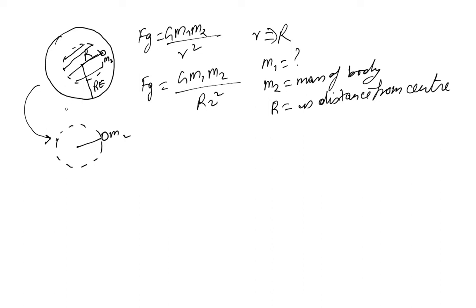But right now, the way we can understand this is that when we are going to use this formula, m1 is nothing but the mass of the sphere that lies below the mass of this guy. Okay, so what is the mass of this particular area?